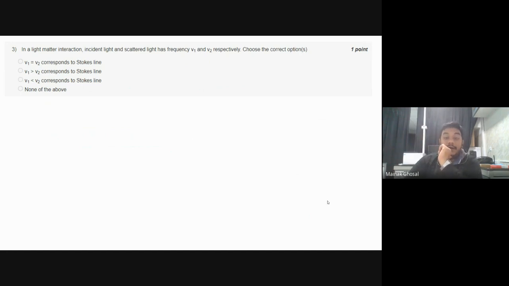But here the discussion is on the Stokes line. So for the Stokes line, what should be the condition? Just remember what I have told you: this is the virtual state, this is the final state, and this is the initial state.